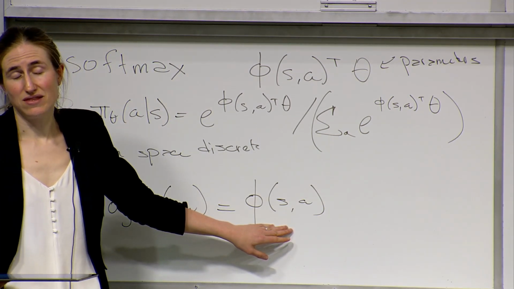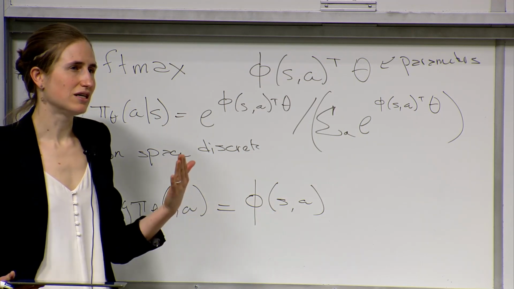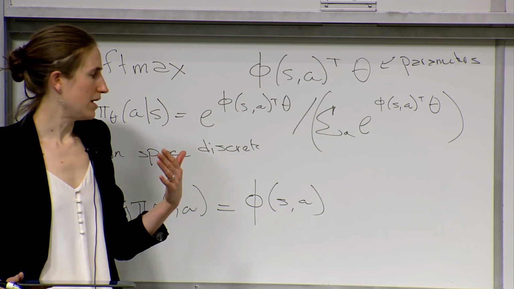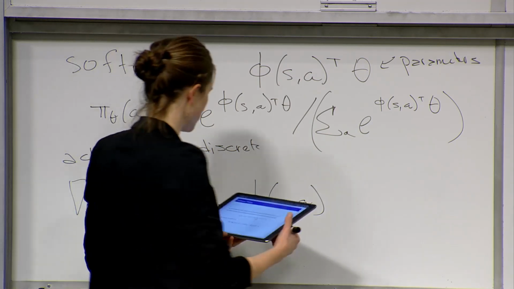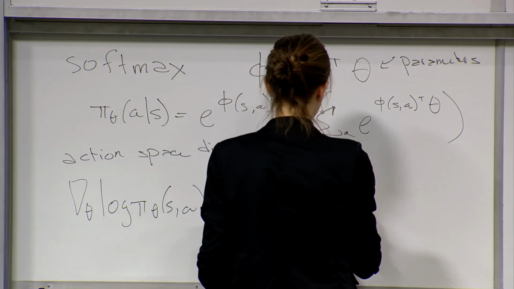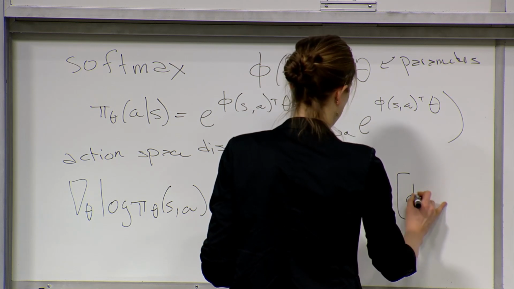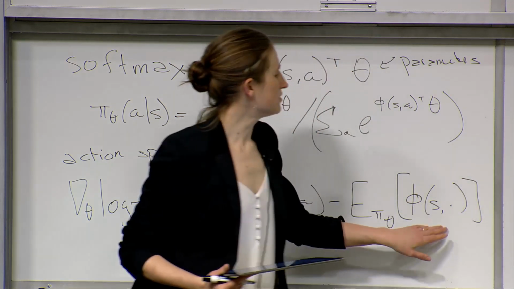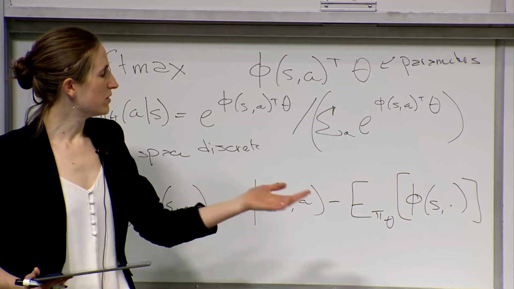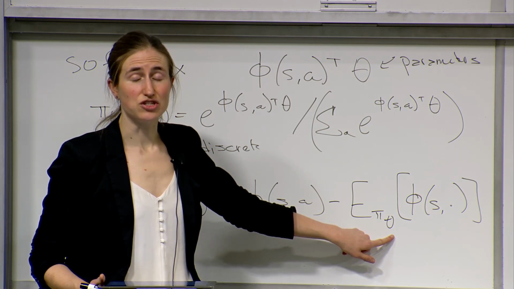Like in the case of the locomotion robotic case, this could be something like angles or joints or things like that. So this is whatever featurization we're using minus the expected value, under theta, of your features over all the actions you might take under that policy.